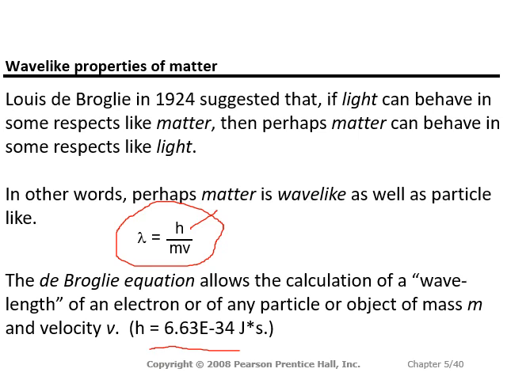So if you're dealing with a certain amount of kilograms for the baseball times a certain amount of meters per second, and you divide Planck's constant by that, you're going to get a wavelength that's so incredibly tiny, like 10 to the minus 32 or 10 to the minus 33 meters. There's no way that it would be significant.